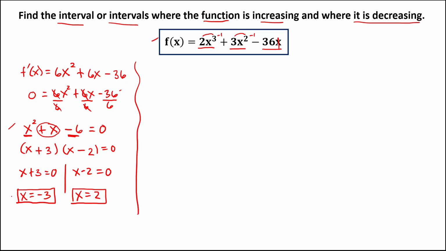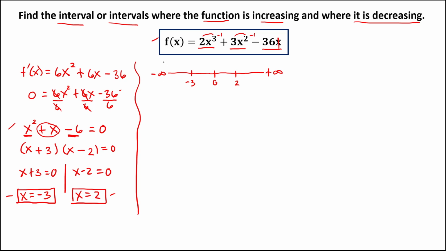Then put now these critical values on a number line. In a number line, this one is 0. So the negative 3 on the left of 0 and positive 2 on the right of 0. This is negative infinity and positive infinity. So we have now the three intervals.